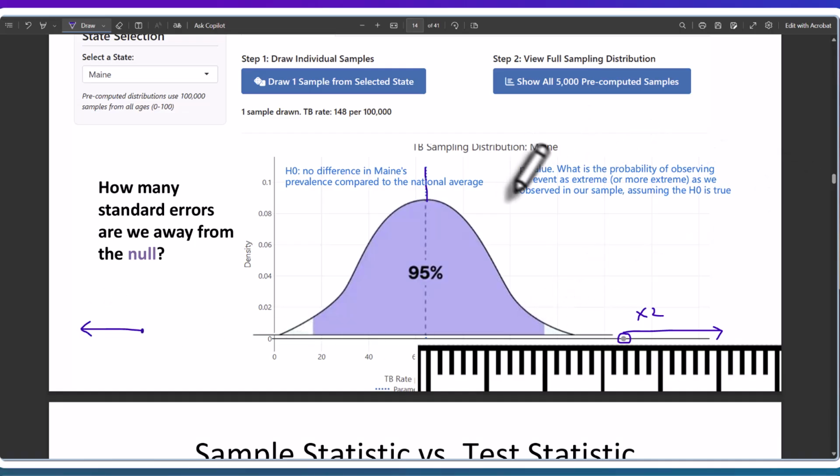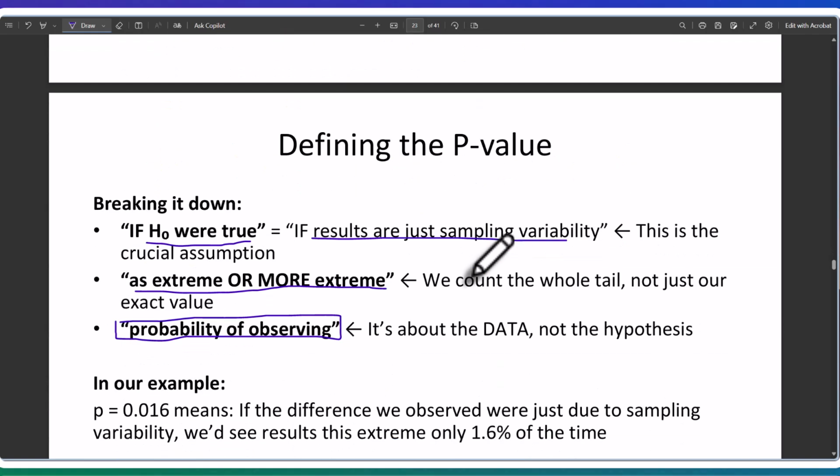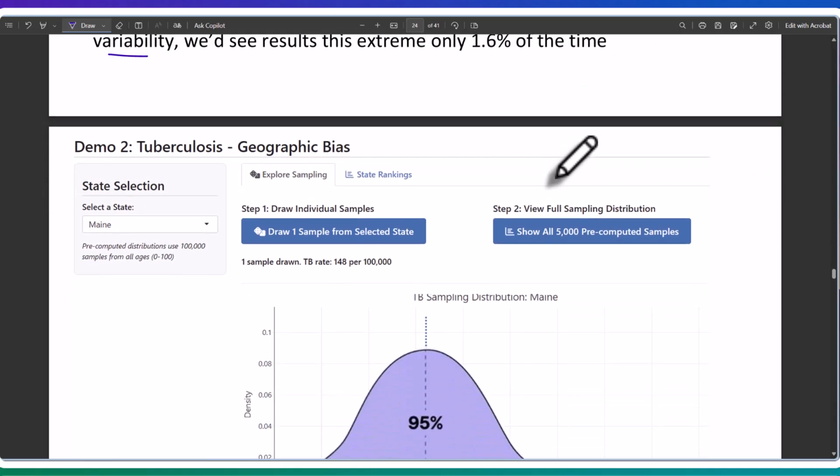So, the probability of observing an event as extreme or more, assuming the null hypothesis is true. If we see a p-value of 0.016, then if the difference we observed was just due to sampling variability, assuming the null hypothesis is true, we would see a result this extreme only 1.6% of the time.